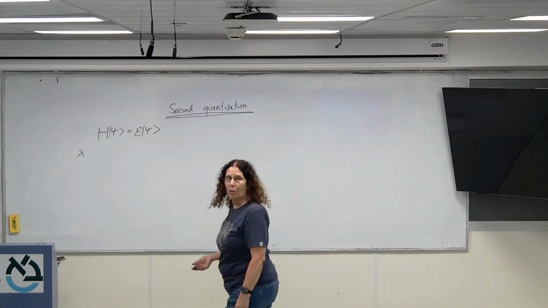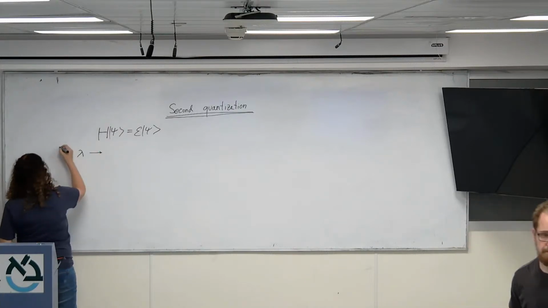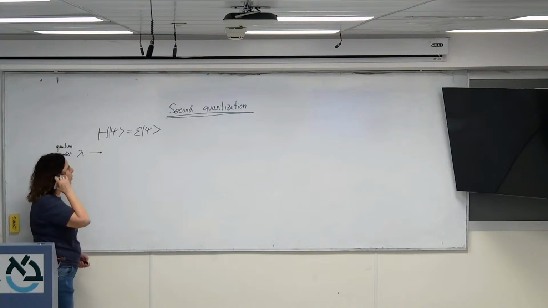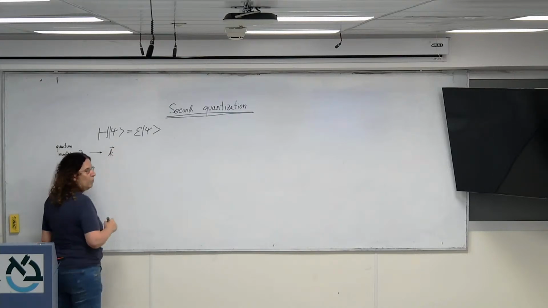So, for example, what can be this lambda? It's a quantum number. It can be discrete or a continuous variable, doesn't matter. It can represent momentum or a wave vector.